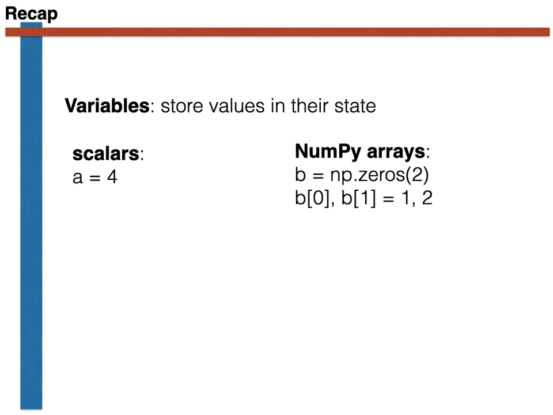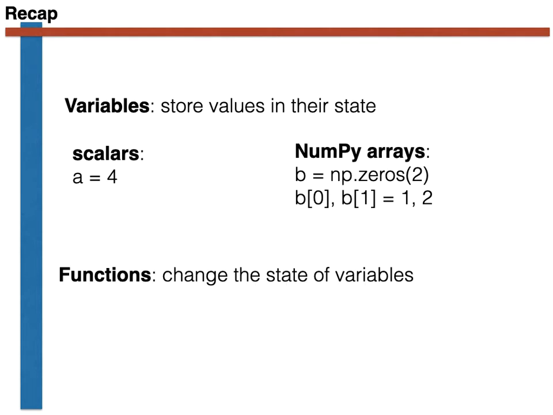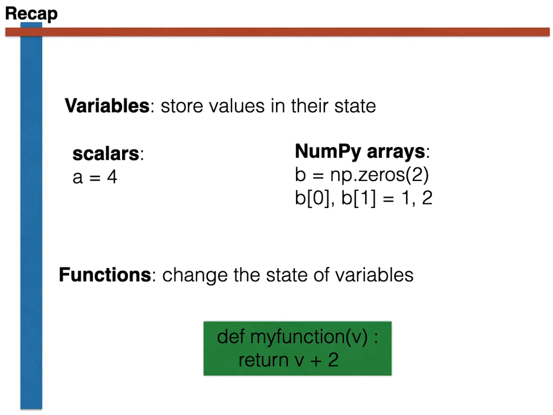In addition to studying variables, we have also studied functions, and we have discussed how functions are used to change the state of variables. We have seen that a function is essentially a series of instructions that is performed when the function is called. As shown schematically here, variables can be passed to functions.